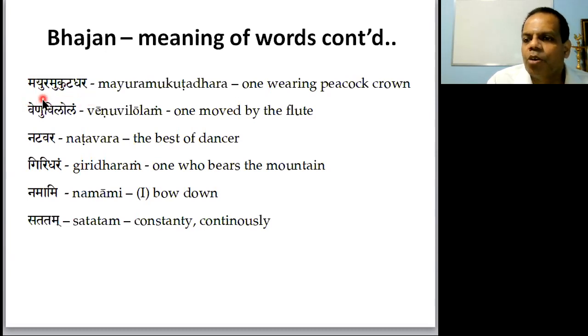Mayura means peacock. Mukuta means crown. Dhara means one who has it or carries it or wears it.